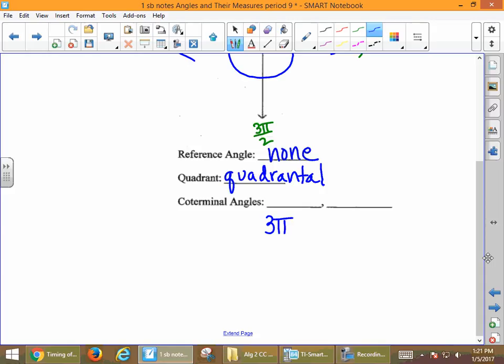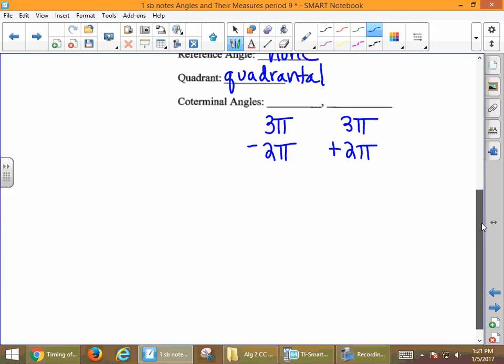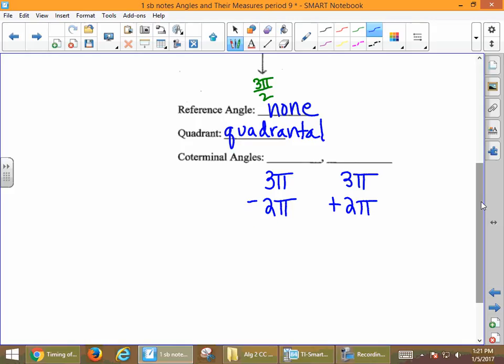But now we're in radians. So now we're going to subtract 2 pi from the original, or we're going to add 2 pi to the original. When we look at that computation here, 3 pi minus 2 pi is 1 pi. If we want to get really technical, 1 pi is still a positive angle, and our directions say find one positive and one negative angle that's coterminal to each.